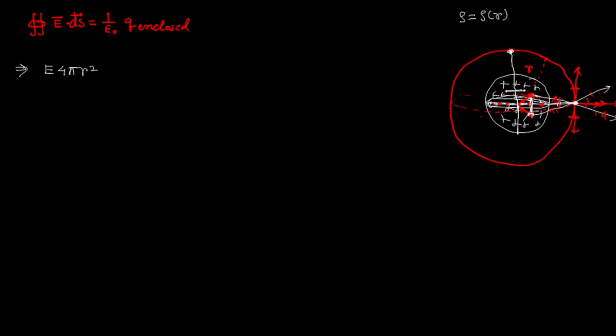Now if I draw a line like this, at this point and this point, if these distances are the same, then the charge density at this point will also be the same.